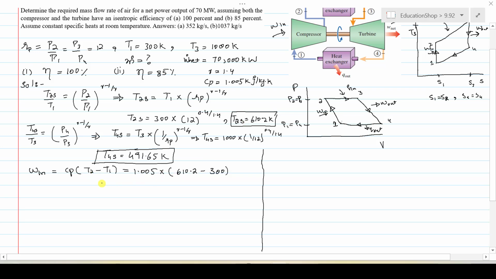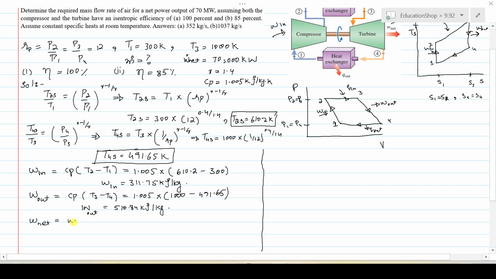After solving this, you will get the work input required to run the compressor isentropically, 311.75 kilojoule per kg, and the work output produced by the turbine, after solving on the calculator, is 510.85 kilojoule per kg. Next, we need to find the net work produced during this Brayton cycle, and it is equal to W out minus W in.